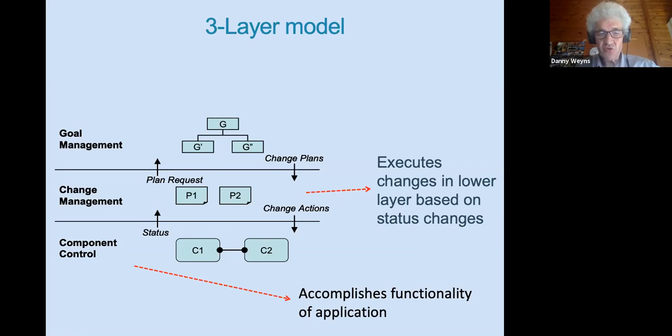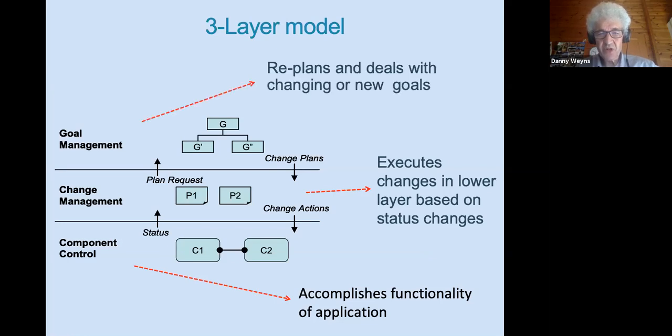And to that end, it uses plans. Now, if it has no plan available to deal with the status change, it will request the top layer, and the top layer will then look into the goals and say, okay, how can we define new plans to deal with this problem? And these plans are then given to the change management layer that will enact the changes according to that plan in the component control.